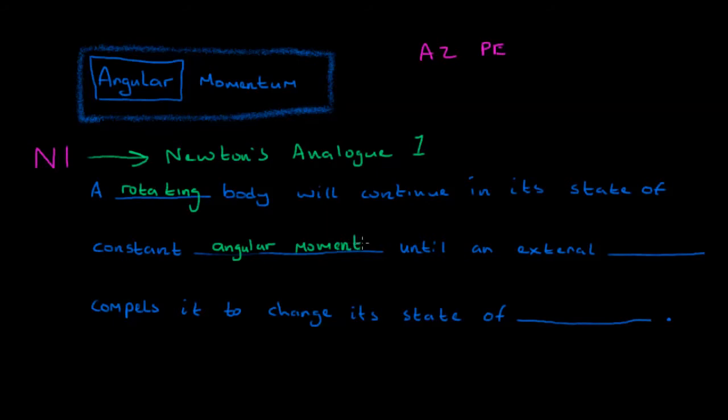So it will continue in a state of constant angular momentum until an external, what we would have said previously, force, but because this is rotation, we're talking about a torque, which is a force that produces rotation. So the rotating body will continue in its state of constant angular momentum until an external torque compels it to change its state of rotation.